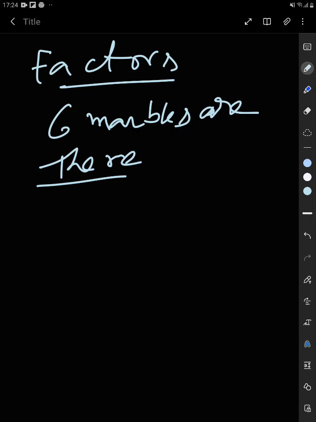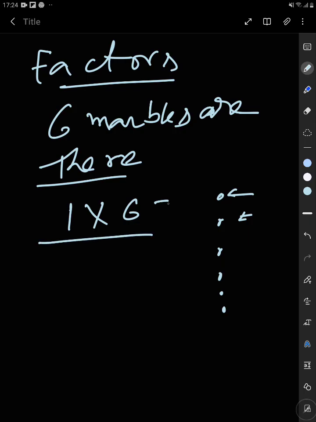So first we can arrange these in one column as six, like this: 1 2 3 4 5 6. How many columns? One. And how many rows? Rows are six. So one column and six rows, we can write this as 1 cross 6.